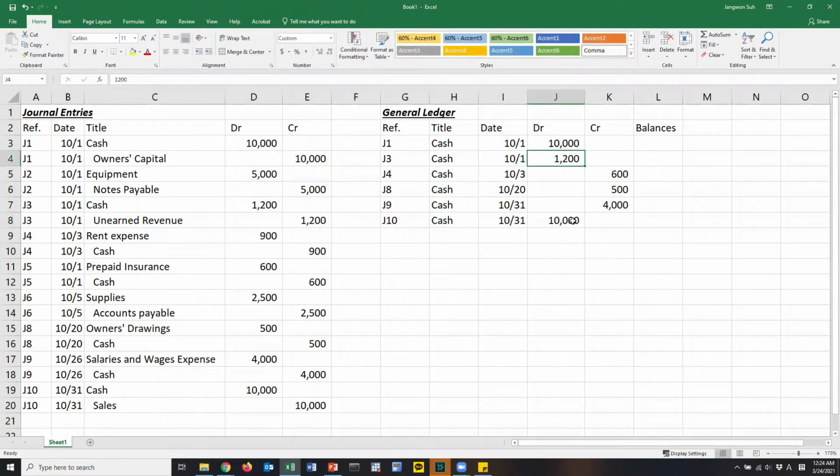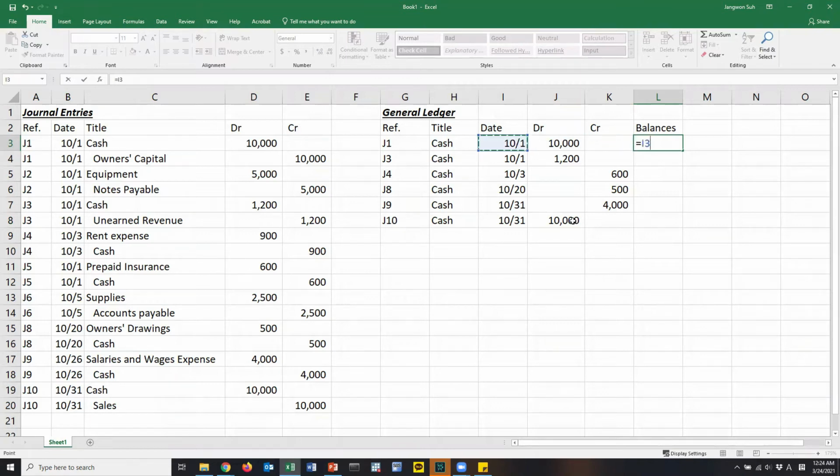We assume that the operation began on October 1st, so we don't have a beginning balance, but usually when it comes to cash, you have a beginning balance.